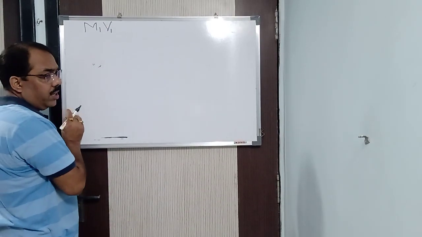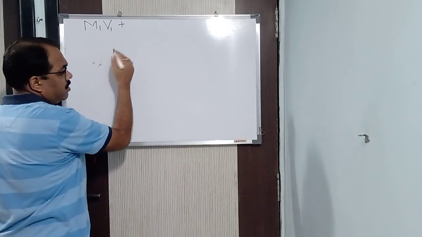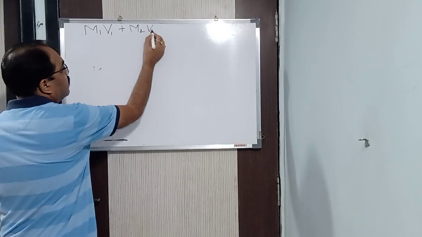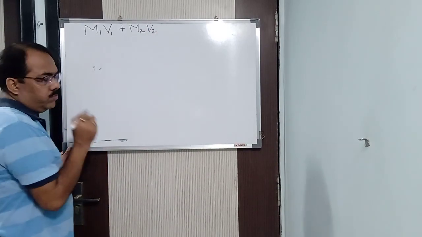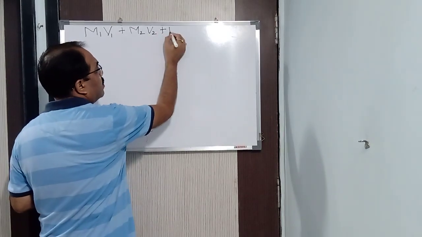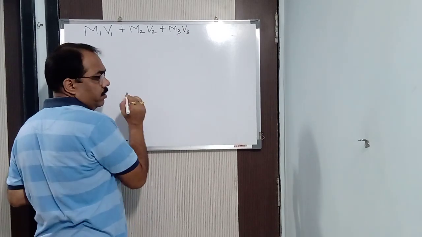Now the second acid, sulfuric acid, whose molarity is M2 and the volume taken is V2. Let us say I have taken another acid, hydrochloric acid, whose molarity is M3 and the volume is V3.